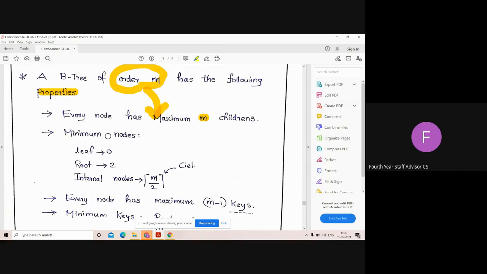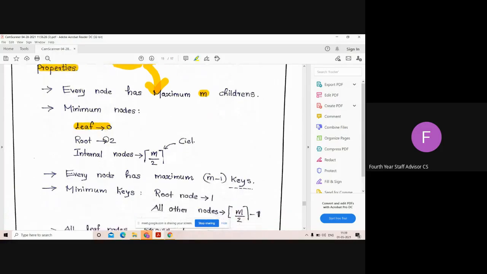Similarly, the minimum number of nodes. If you consider the leaf node, the minimum number of child nodes is 0.